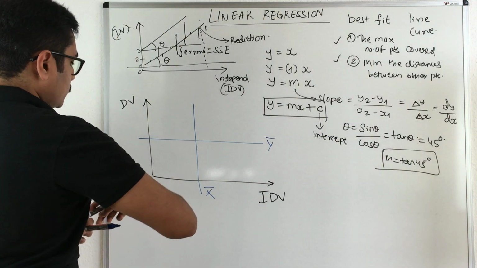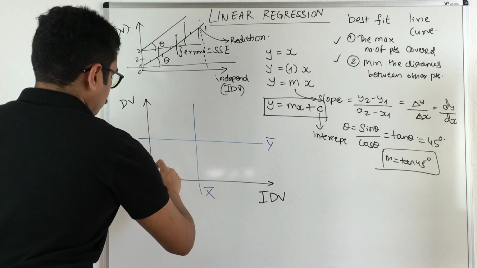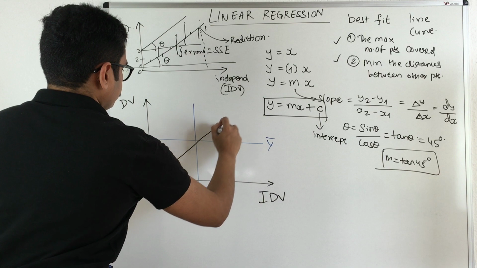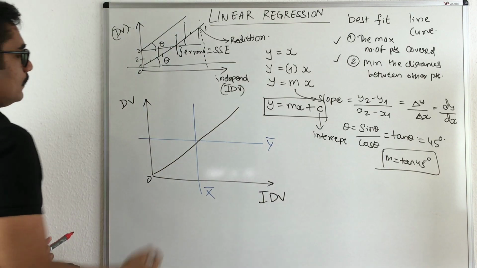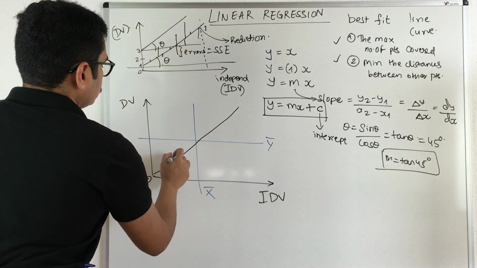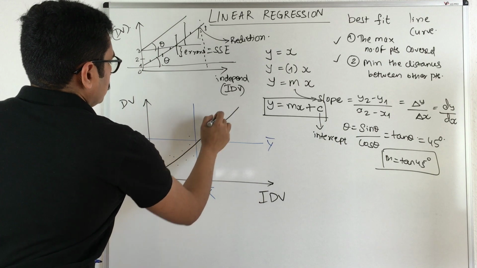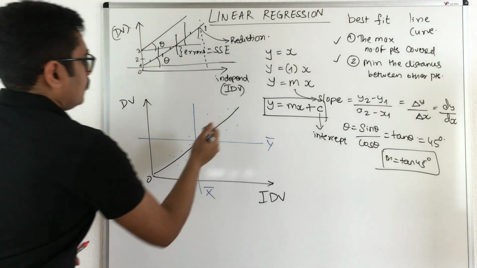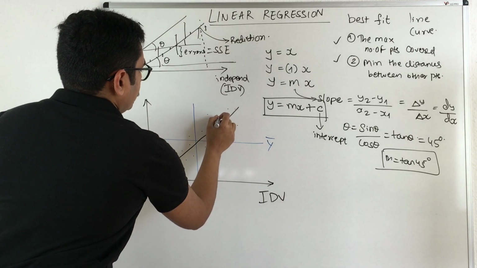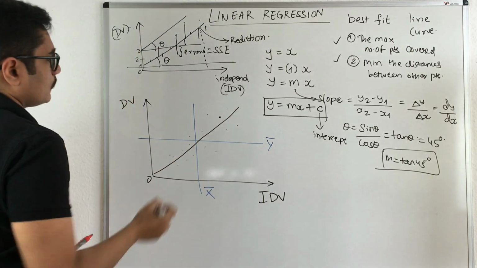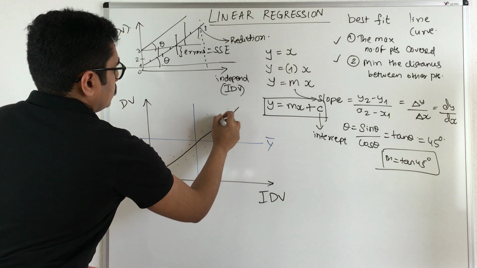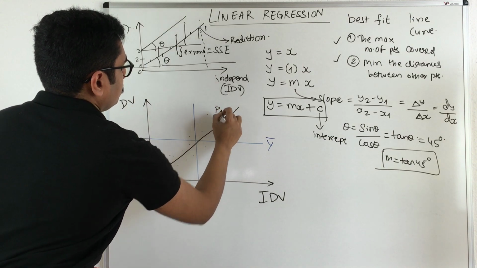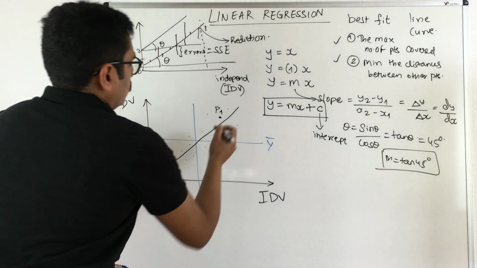Now my regression line essentially passes through this, and then I have some set of points here which will be classified this way or this way. Now say I am interested in knowing this point. Let us call this point P1.